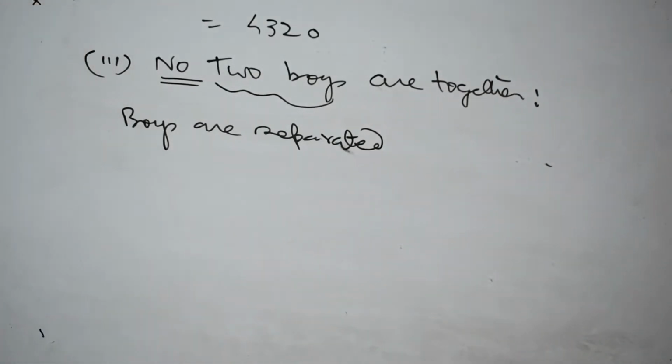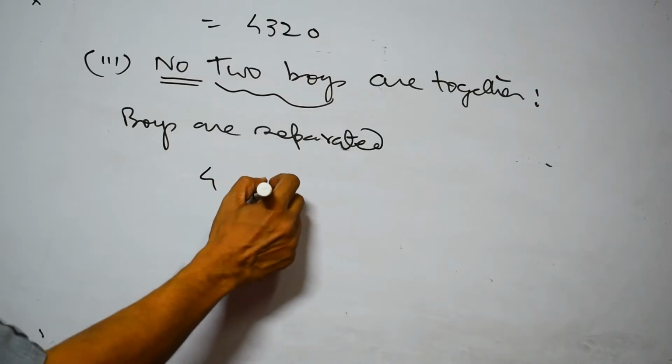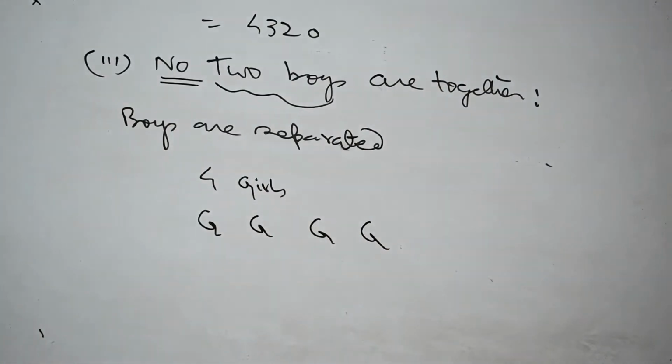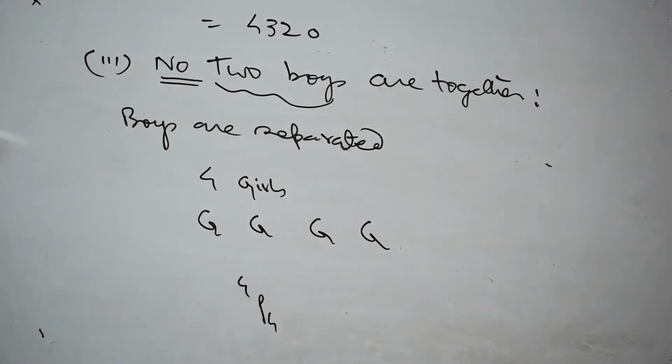So what we have done, total possibility and always together we have subtracted. Now boys are separated. That means what we are having, 4 girls. If I write these girls, these are girls. Now 4 girls can be arranged in 4p4 ways.